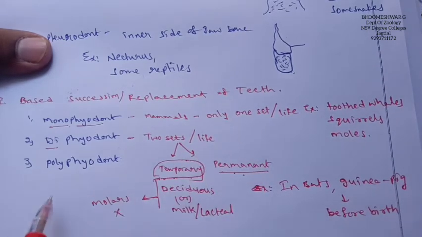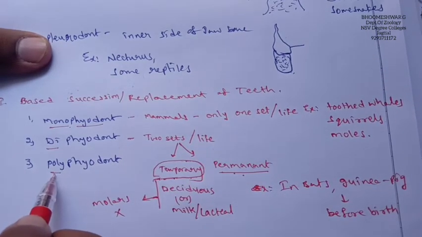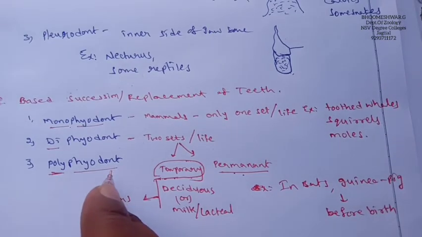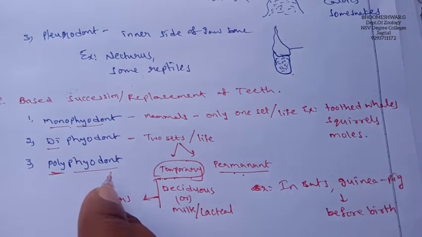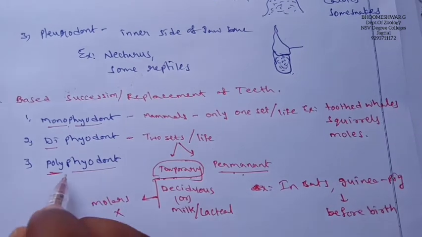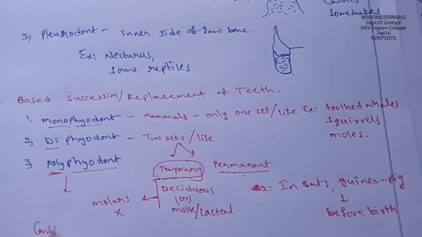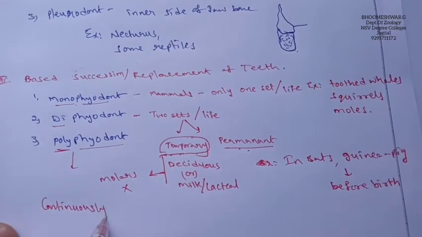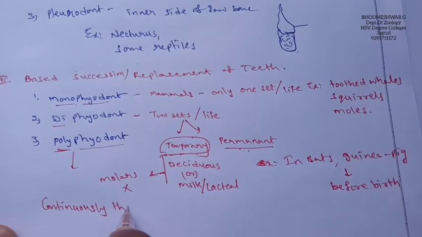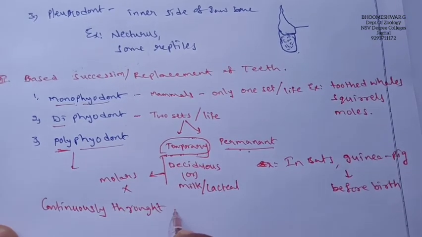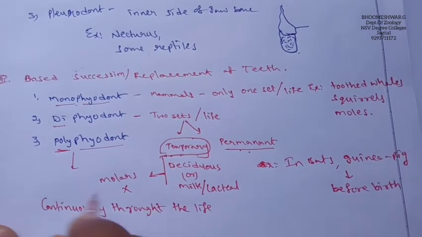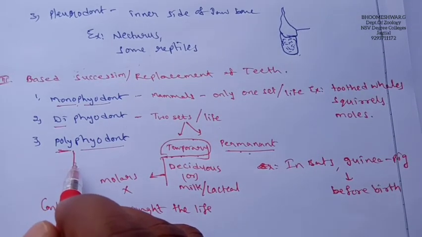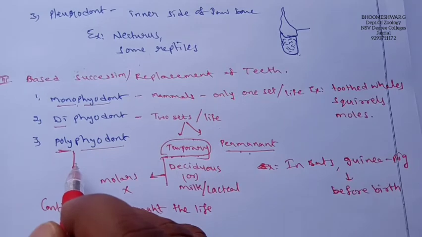And the last, the third type, is called polyphyodont. Poly means many times. In this condition, the teeth are replaced continuously throughout life, so several times they are replaced from one generation to another.